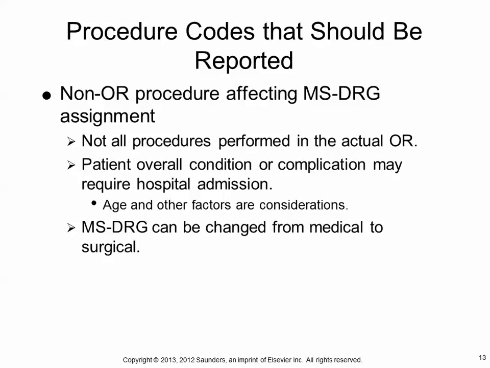If they have another comorbidity, such as diabetes or a heart condition, okay? And the MSDRG with that may be changed from medical to surgical, and that surgical is going to give you a higher reimbursement rate. So you need to make sure you have all your documentation to support that before you do it. All right.